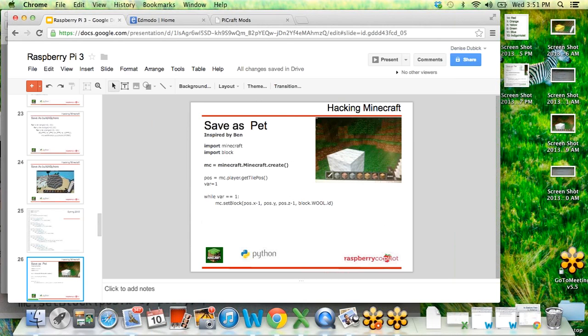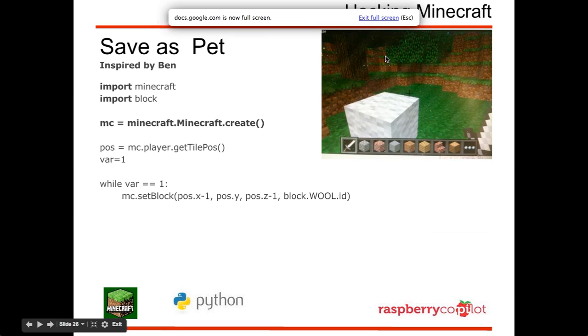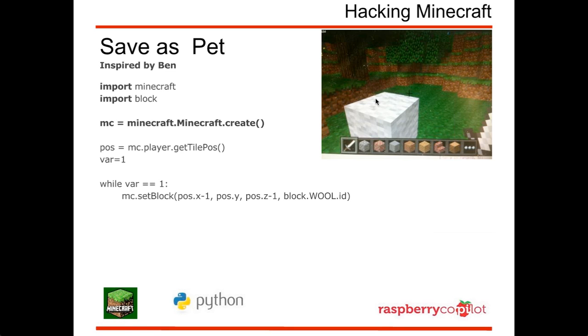This is a code that Mr. D and I decided would be great to try out because it's really cool once you get it working in Minecraft. It's really cool to see that little guy. I ran the code in Minecraft, and when you turn around, you can see your little block pet as it follows you. So what I want you guys to do is open a new window in Python and start copying this code as I go through and explain it.